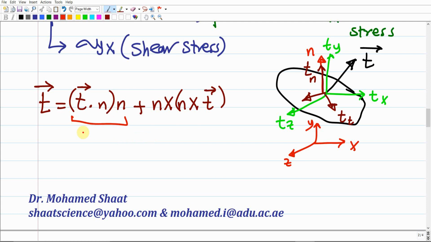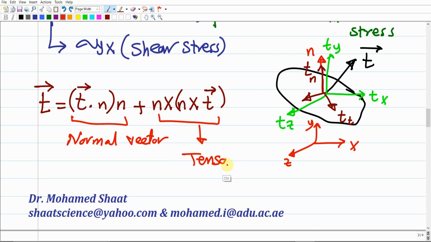So this definitely is going to give us the normal part of the force vector, and this is the tangential vector. Both are still vectors. Why vector?